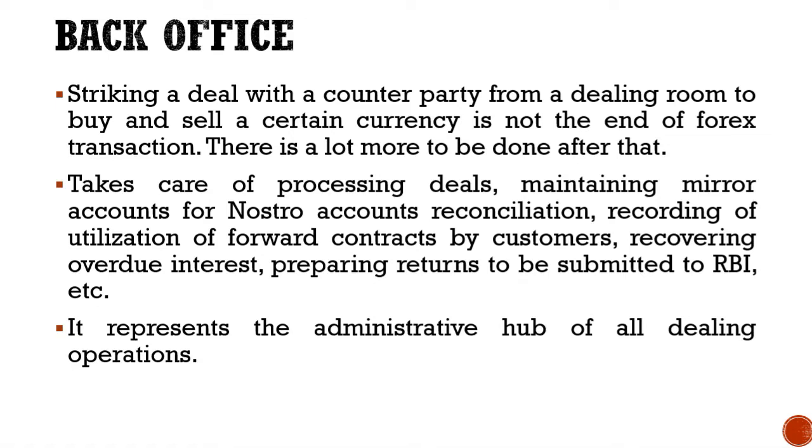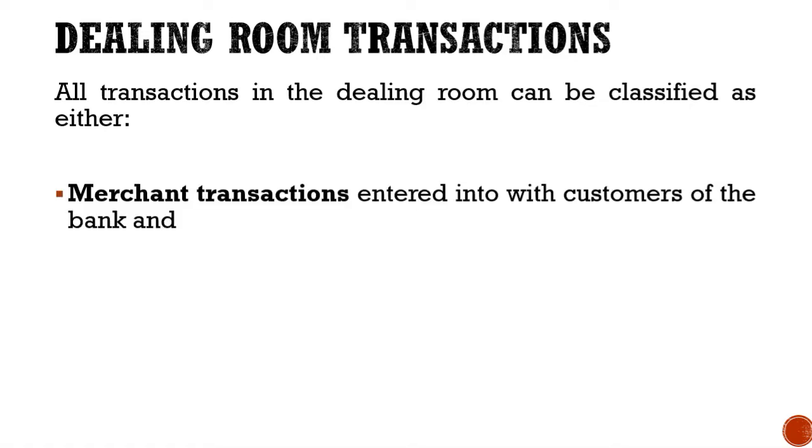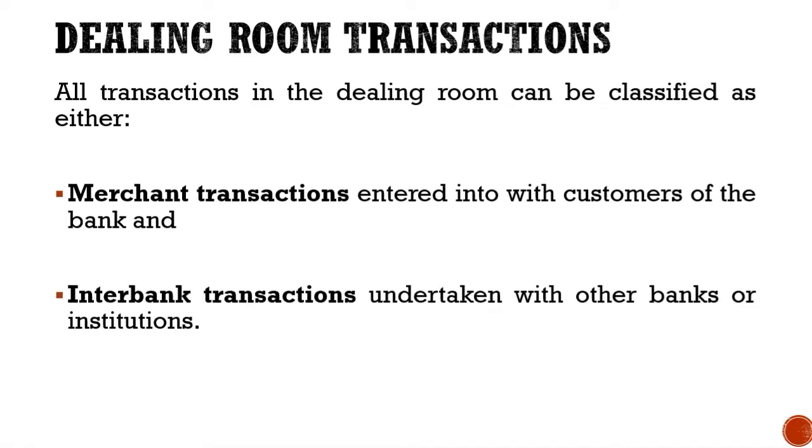So these were the various offices which are present in a dealing room. Now let us understand the dealing room transactions. All transactions in the dealing room can be classified as either, number one, merchant transactions, which are entered into with customers of the bank, and second, interbank transactions undertaken with other banks or institutions.